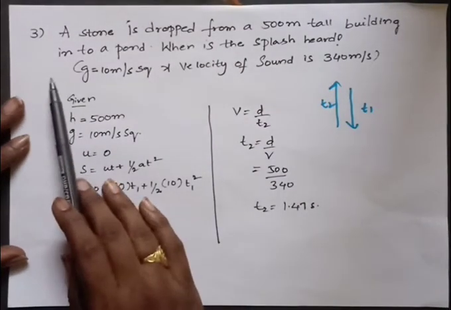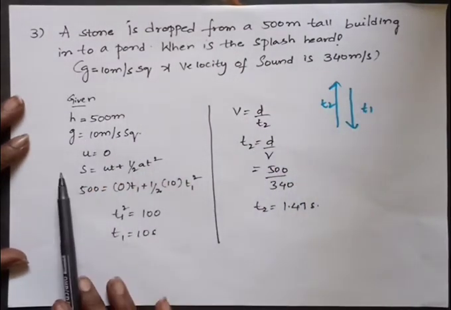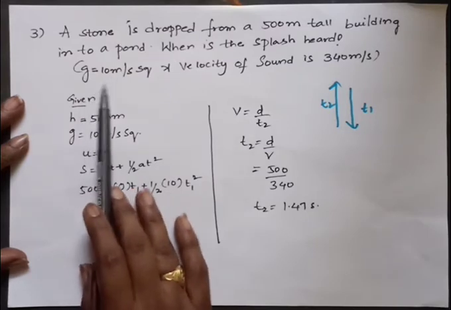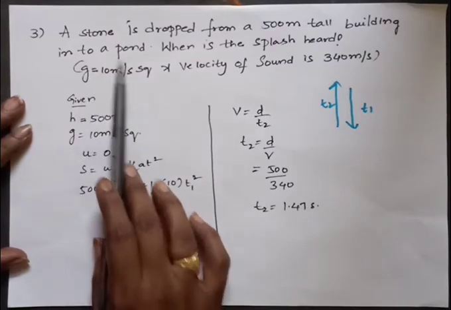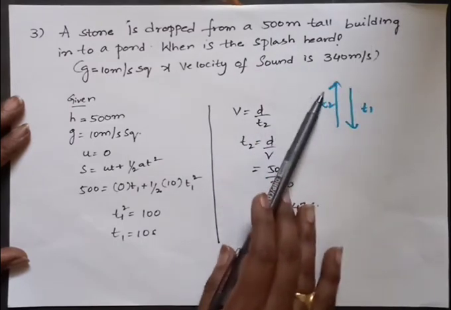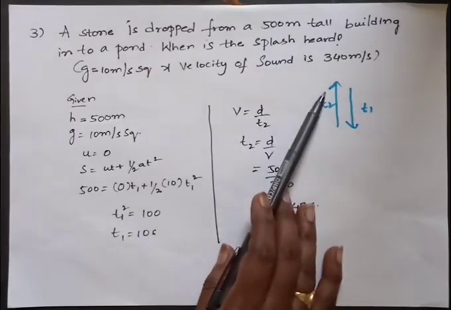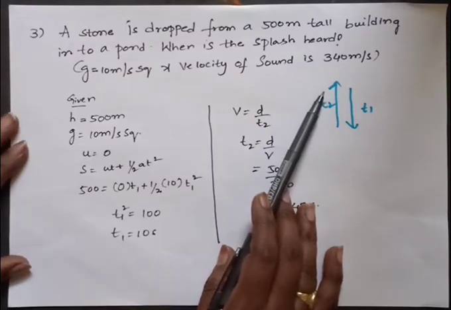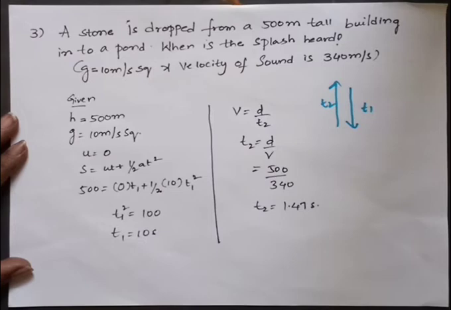Now this is a different problem where gravity is given as 10 meters per second squared. A stone is dropped from a 500-meter tall building. Imagine there is a tall building and it is 500 meters tall. A stone fell from the building into a pond near the building.